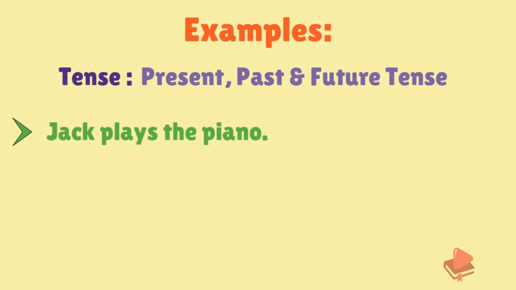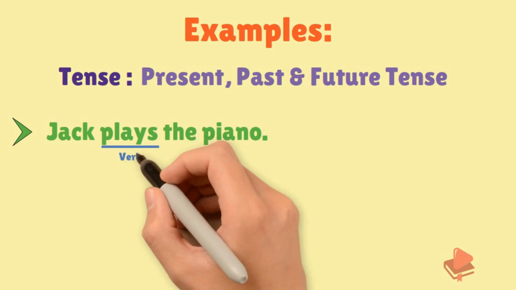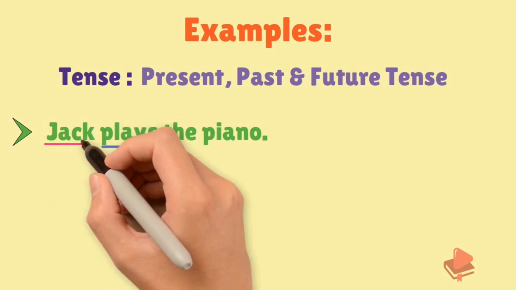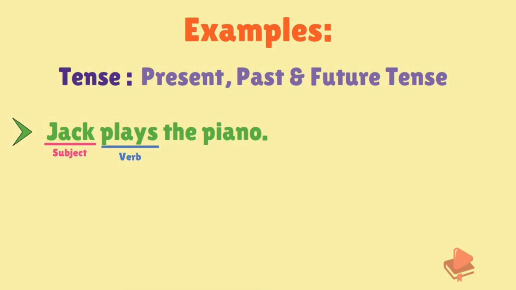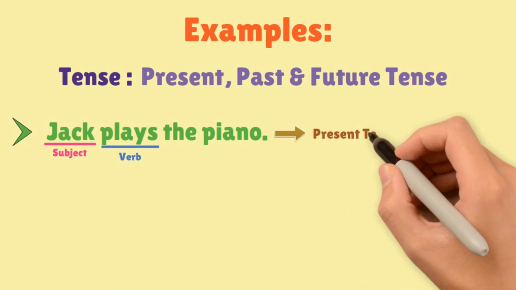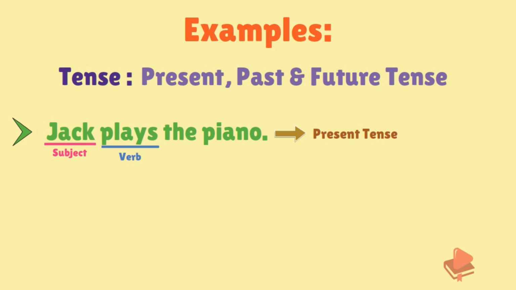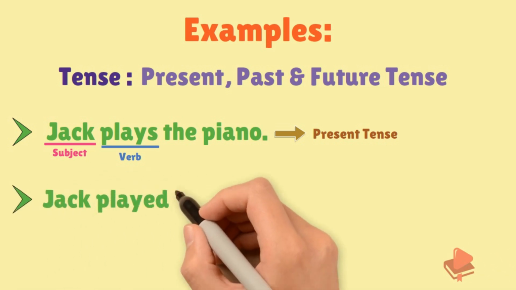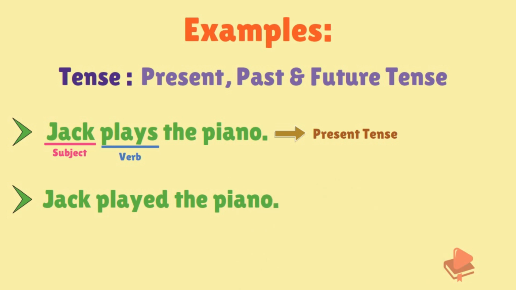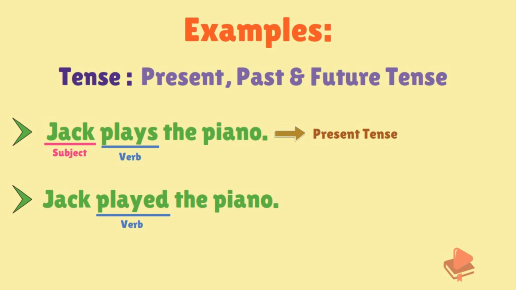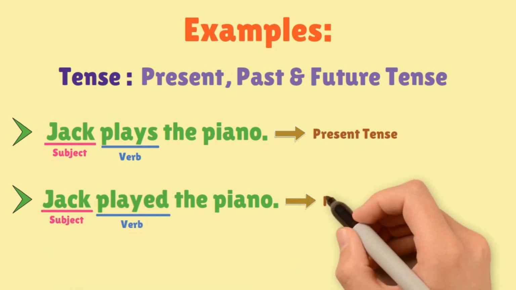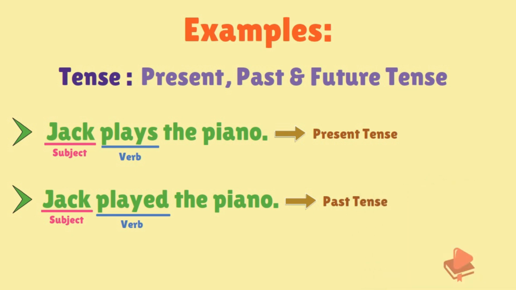Here in this sentence, the verb is plays. The subject here is Jack and the tense of the verb is in present tense. Let's see the next example. Jack played the piano. Here, the finite verb is played, the subject is Jack, and the tense of the verb is in the past tense.